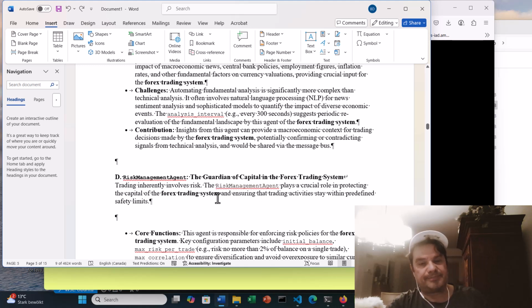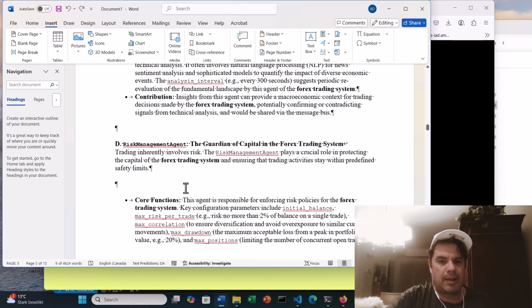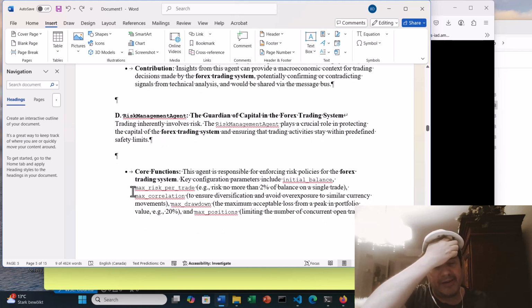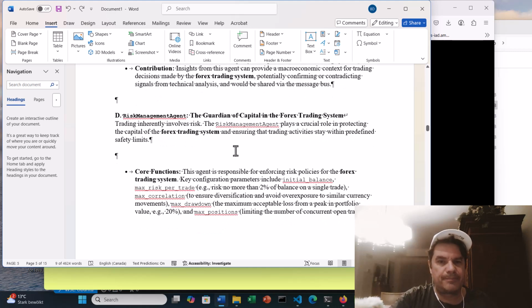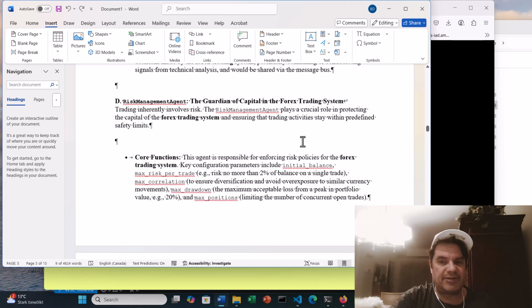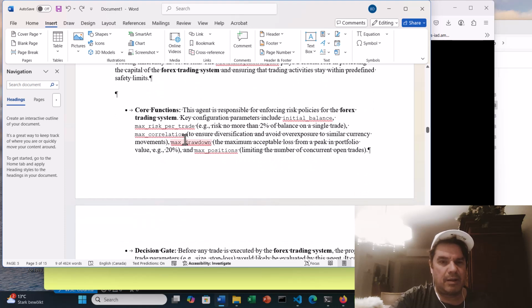This is highly intelligent. Again, the risk management agent is protecting capital and ensuring that trading activities stay within predefined safety limits. It's probably configured in the config file.